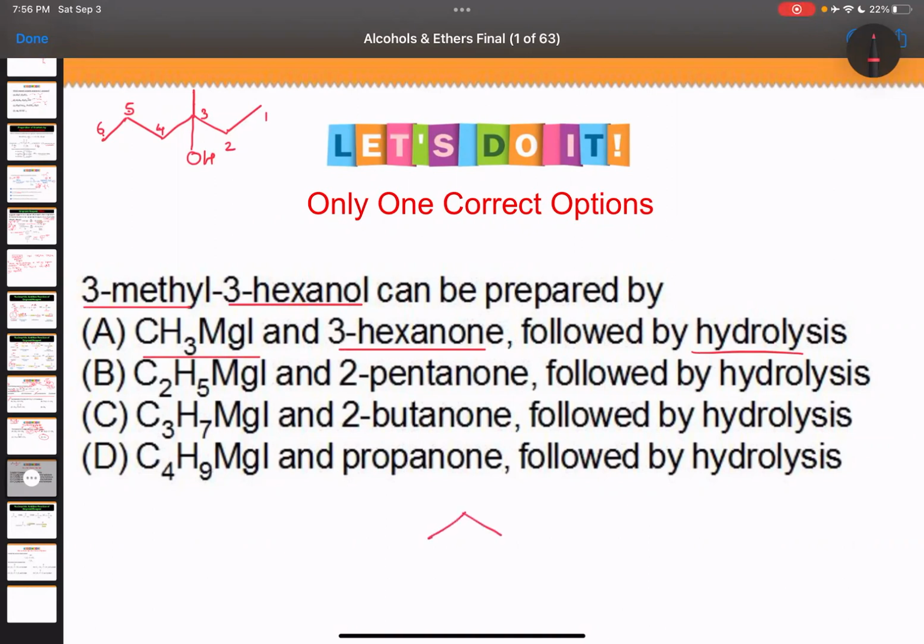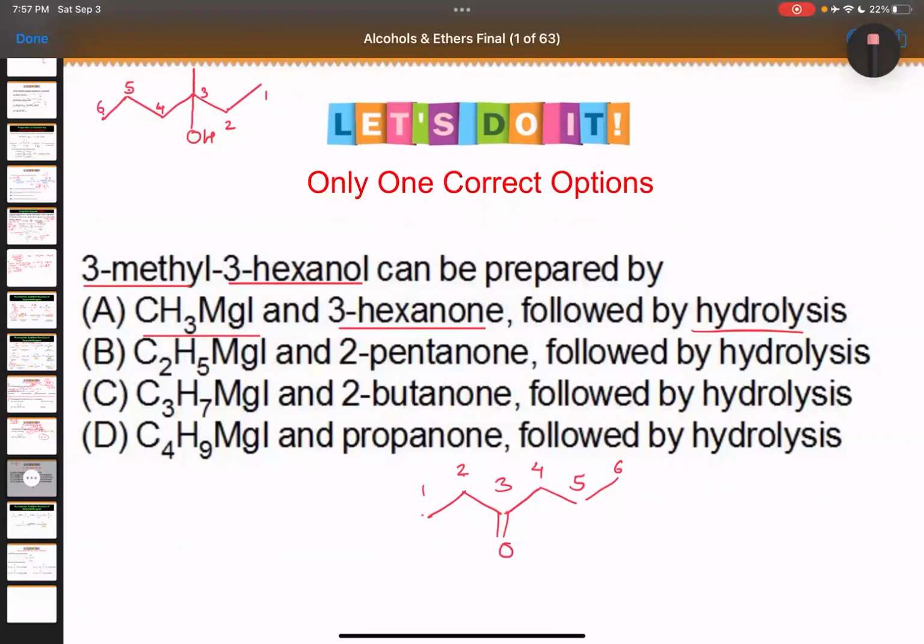Let's check it. 3-hexanone is this one, 1, 2, 3, 4, 5, 6. If you react it with CH3MgBr, CH3 is going to come in and get attached, and you need to make the double bond a single bond, and upon hydrolysis you are going to get OH. So this is going to be the answer.